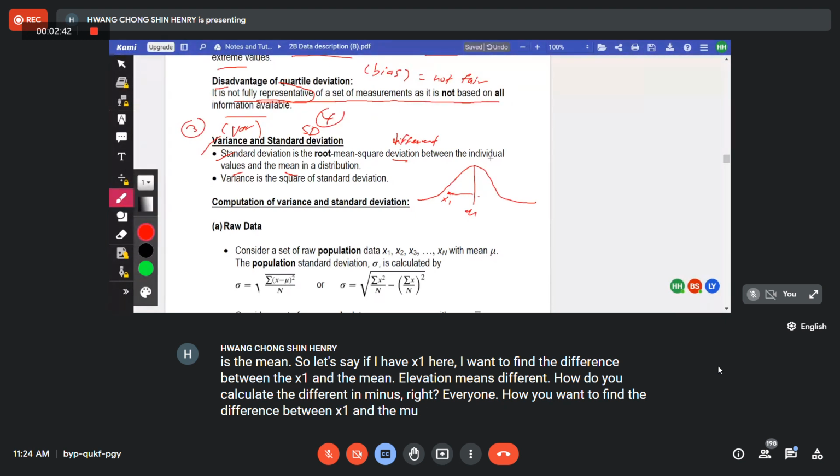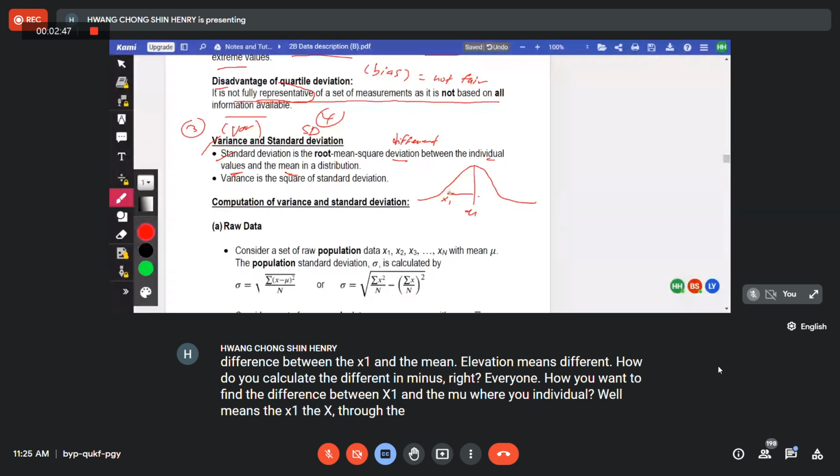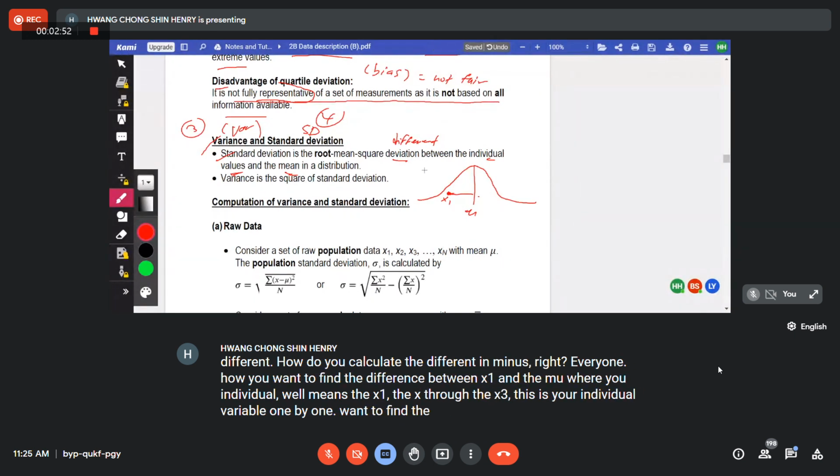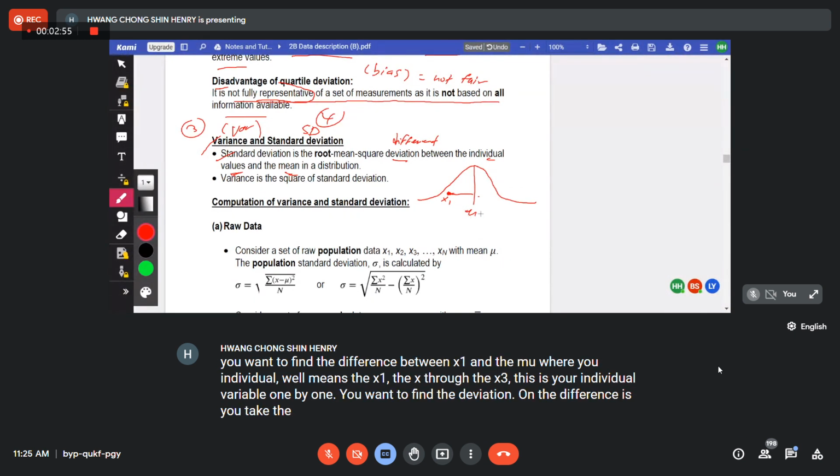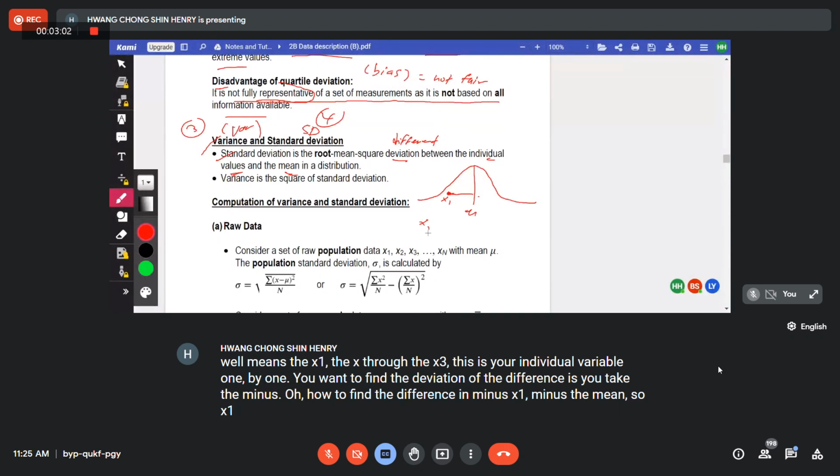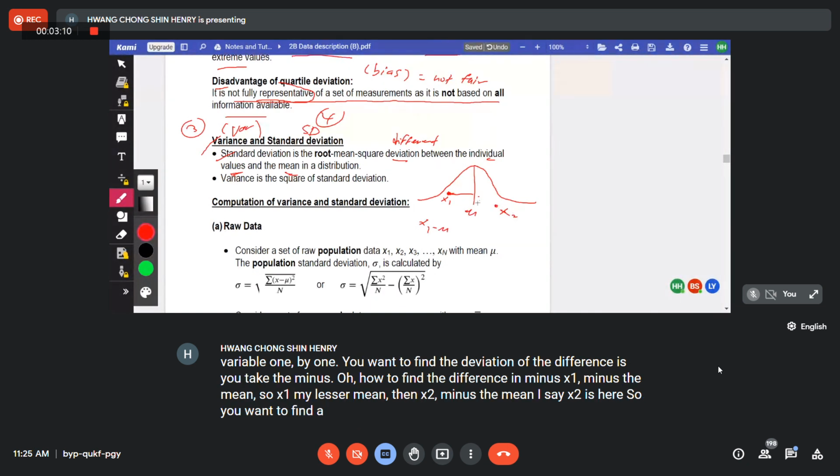Deviation means difference. How do you calculate the difference? You take the minus. The individual values are x1, x2, x3, one by one. So x1 minus the mean, then x2 minus the mean. Let's say x2 is here. Again, you minus it: x2 minus the mean, one by one.